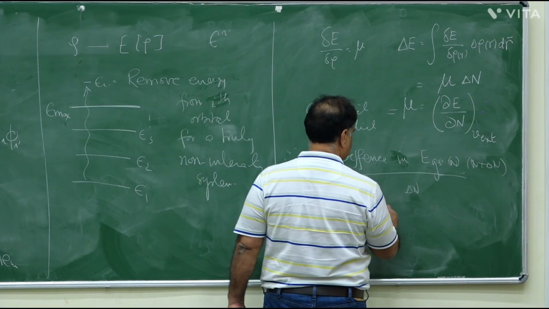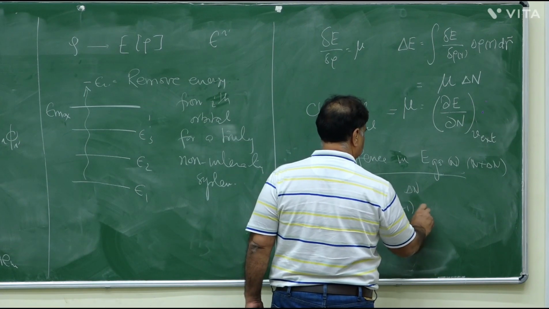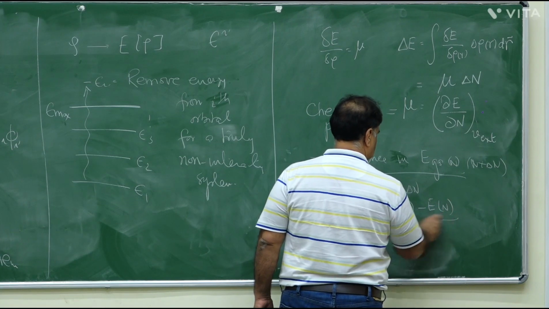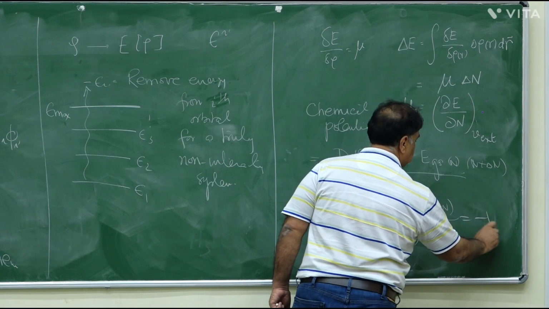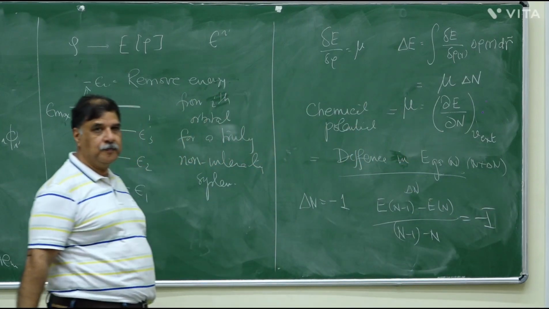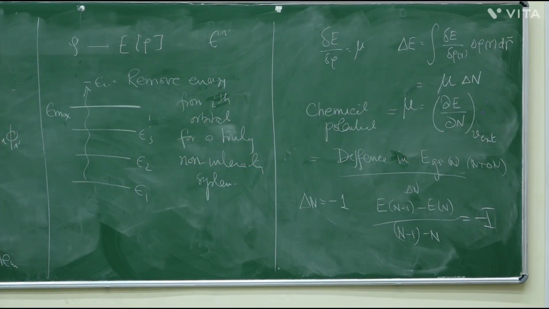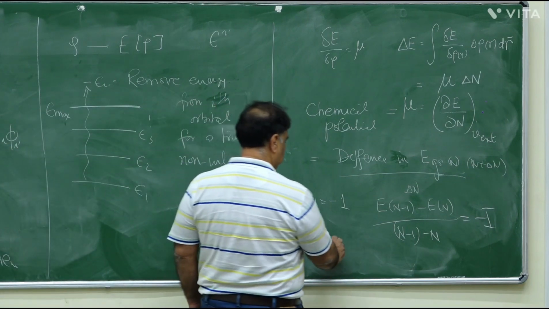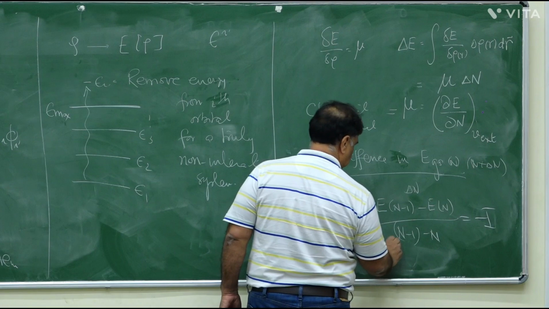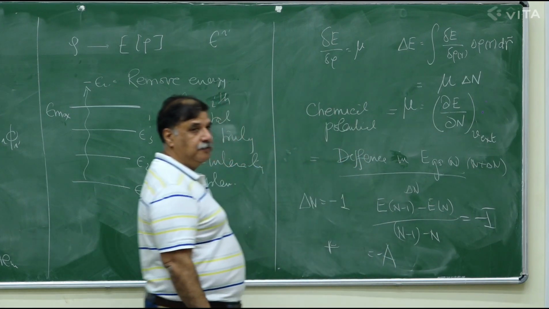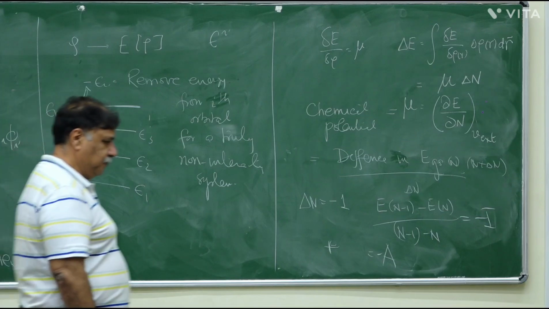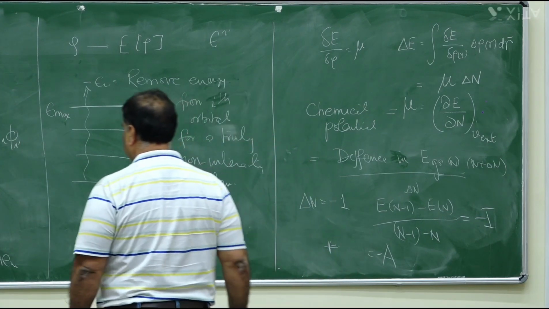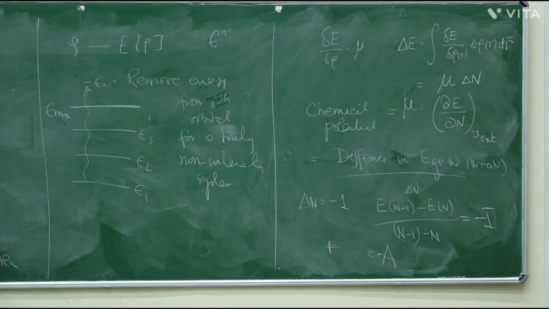Then it will be E(N minus 1) minus E(N) divided by (N minus 1) minus N, which is minus the ionization potential. So if you remove an electron, mu should come out to be minus I, and if I take it to be plus 1, it will come out to be minus the electron affinity. That's that.